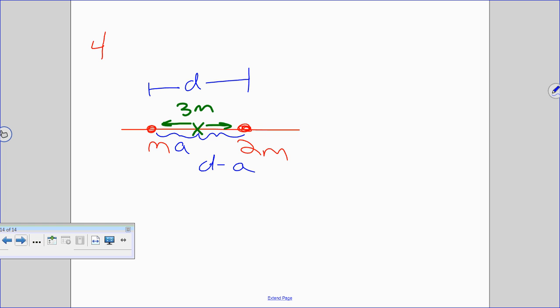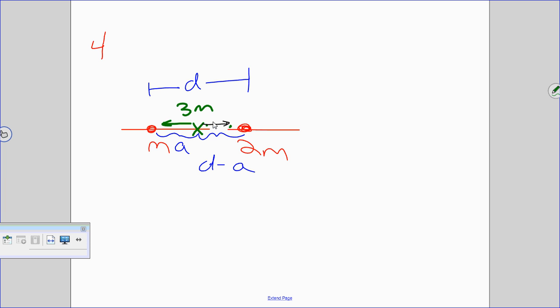Cool. And so the idea then is I want the force of gravity here to equal the force of gravity there, right? So let's color code this mess here. All right, so give me an expression for this.